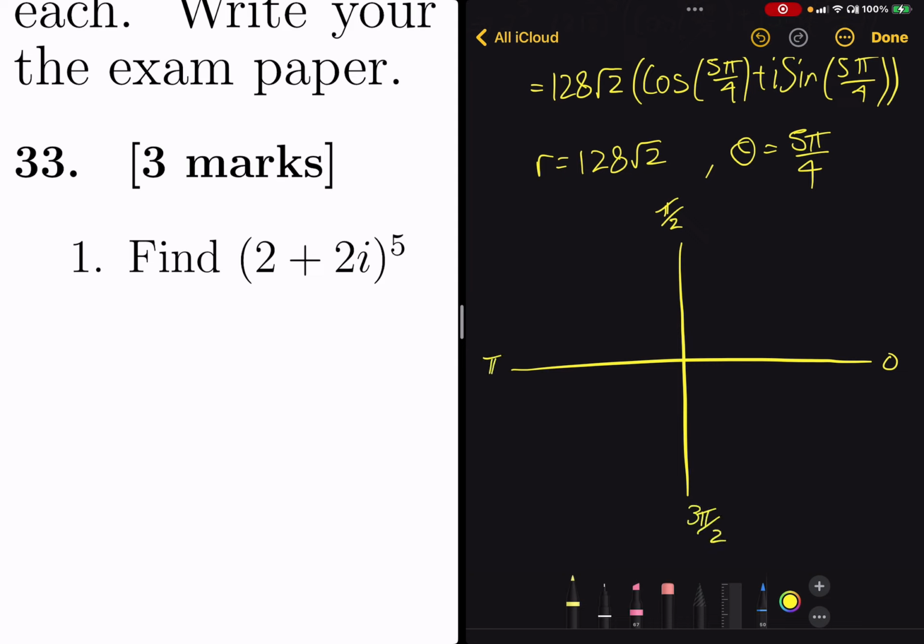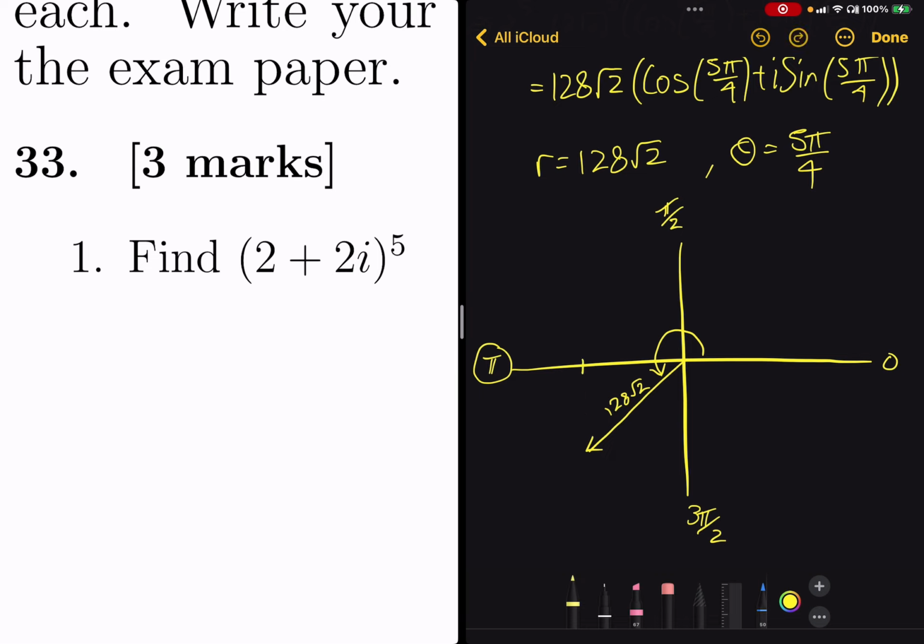So 5 pi on 4 is down this way. Its length is 128 root 2. And its angle is 5 pi on 4, that's this angle here. Because this is pi, 5 pi on 4 means we're moving pi on 4 counterclockwise from pi. But pi on 4 is of course 45 degrees.